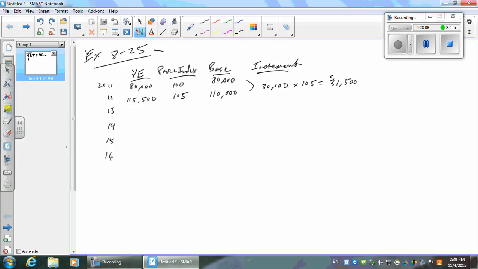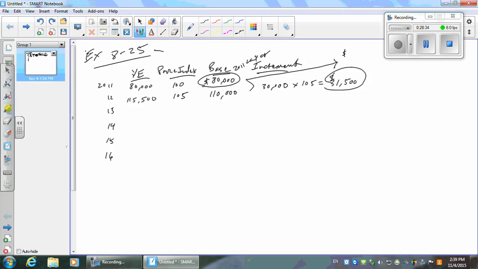31,500. So what I would have then at 2011 is an 80,000 inventory. That's the 2011 layer, the base layer. So now what I have the next year is the 80,000 plus the 31.5. You guys with me on that? So at the end of the next year, I have 111.5.